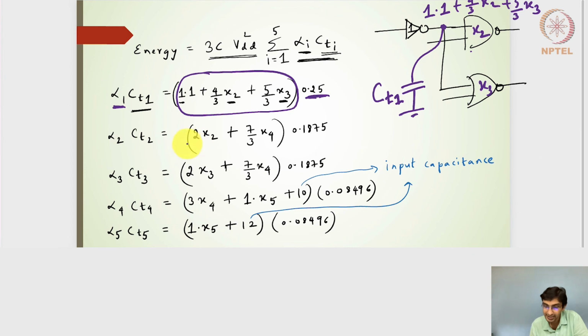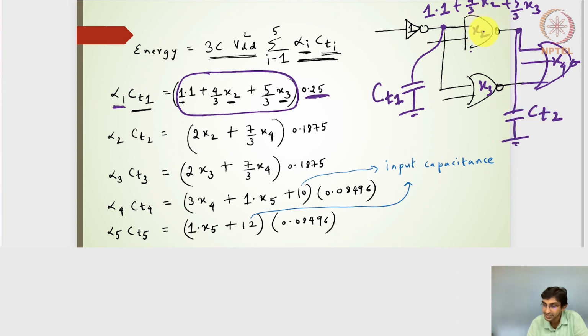Similarly, I can estimate the overall capacitance and then multiply with the activity factor. For alpha 2 C2, the total capacitance seen at node 2, which goes to the 3-input NOR gate with x4, the parasitics at this point, which I'm going to write as CT, the total capacitance at the second node, will be the parasitics coming from this gate, x2 multiplied by 2.